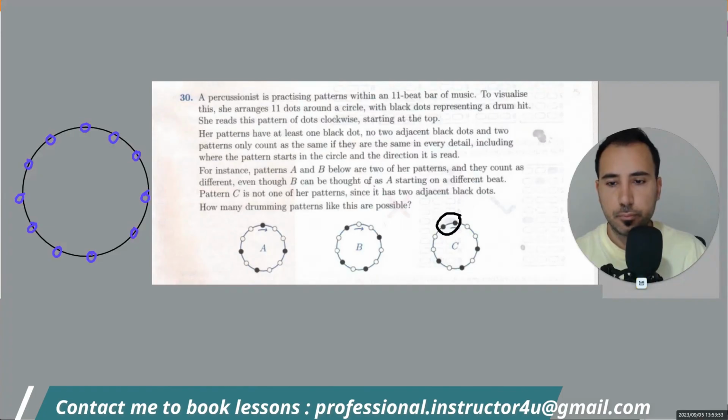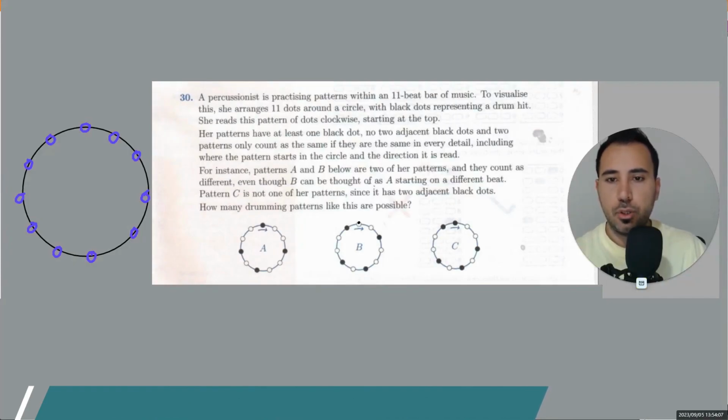And these 2 aren't the same, even though you see we have 2 white, 1 white, 2 white. It's not the same because the starting position is different. So with all of this, how many drumming patterns like this are possible?